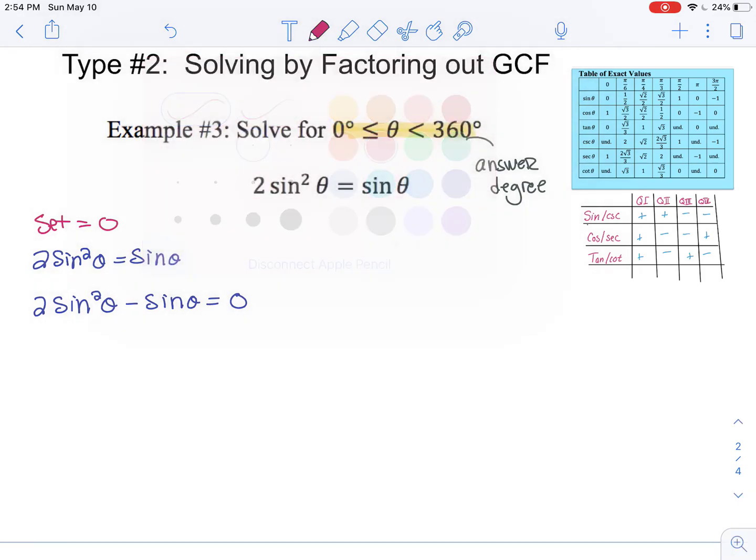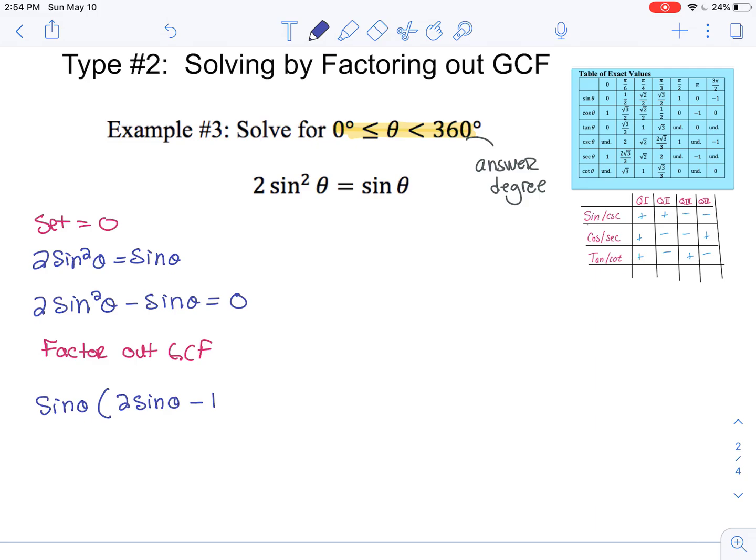Now I'm going to factor out a GCF. So I'm going to factor out a sine theta. That's going to leave me with 2 sine theta minus 1 equals 0.